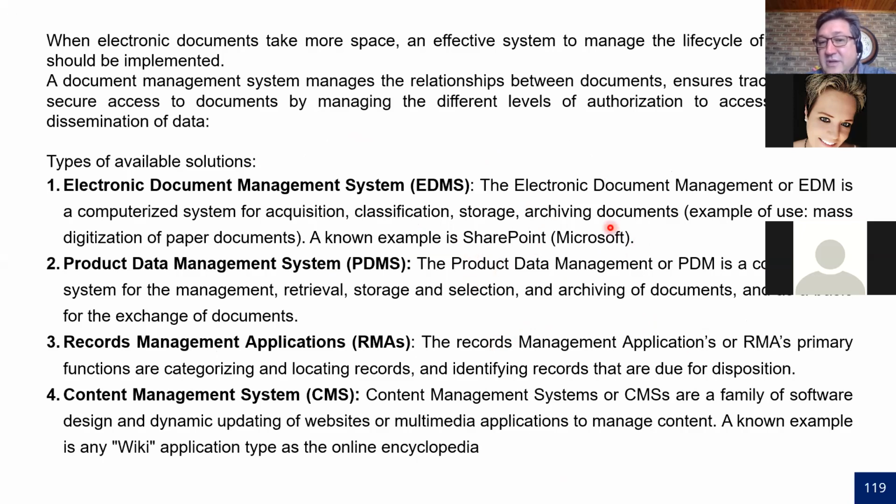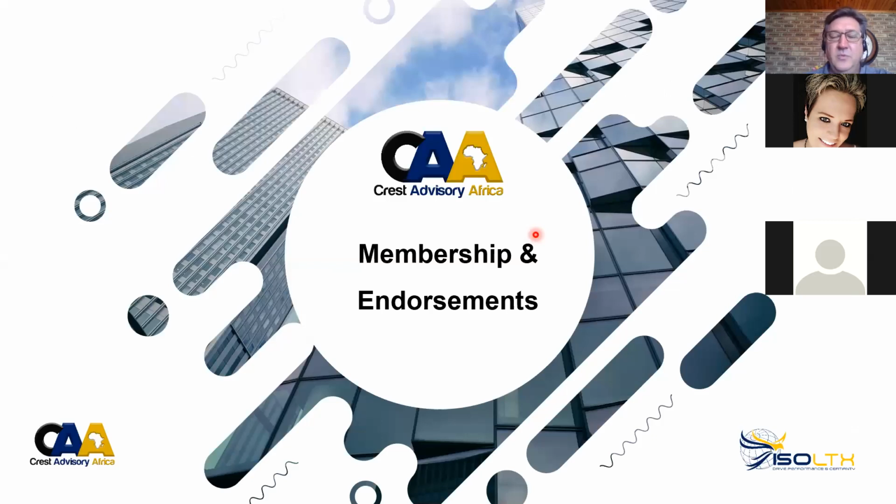SharePoint is nowadays very popular for the storage and archiving of documents, but the hard copy document, where is that one? Where is that document lying? Where are your tender specifications or your tender replies? Where are those things lying? So there are a few systems that we can work with.